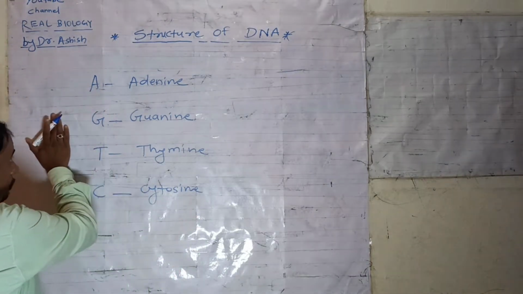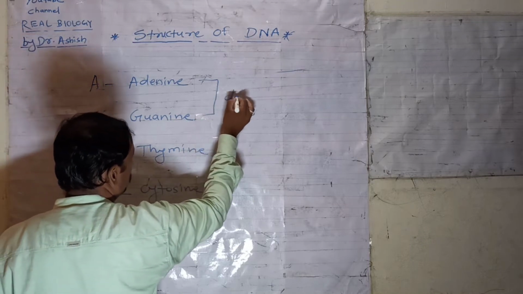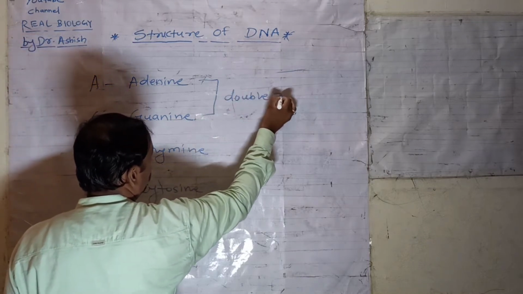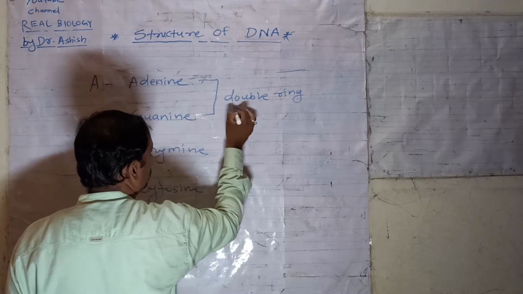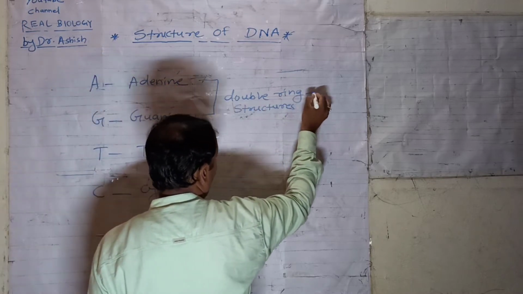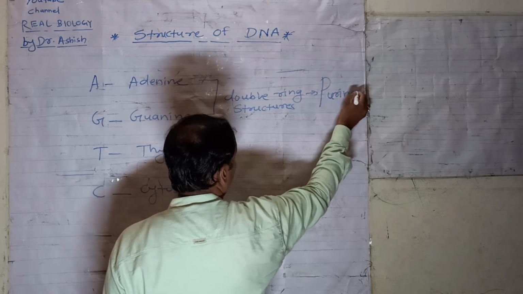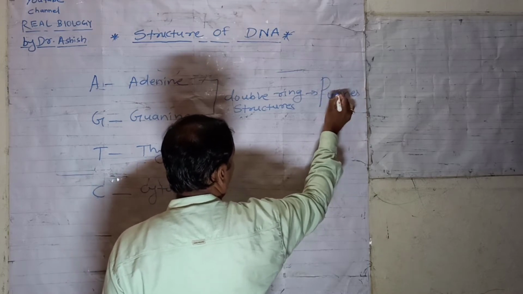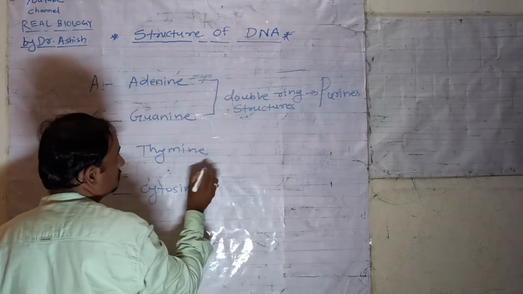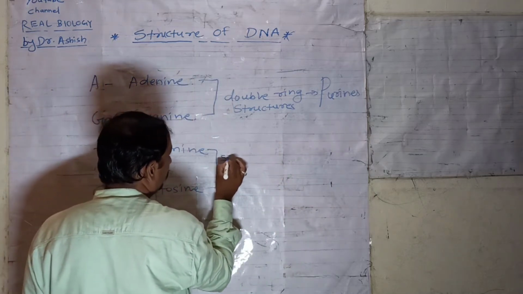Out of these 4 bases, 2 are double ring structures known as purines, and 2 are single ring structures known as pyrimidines.